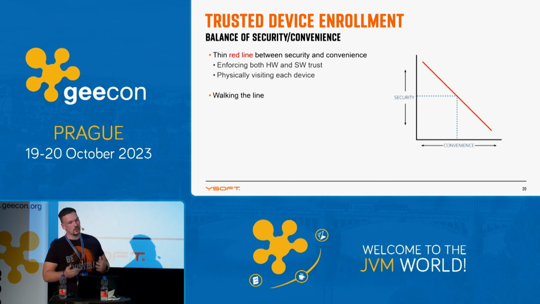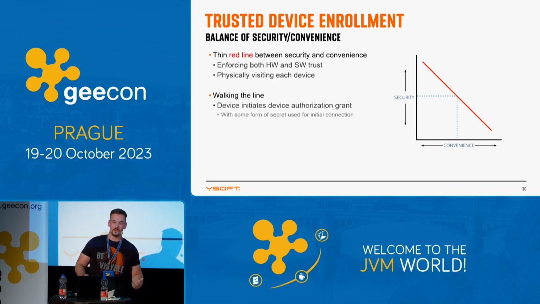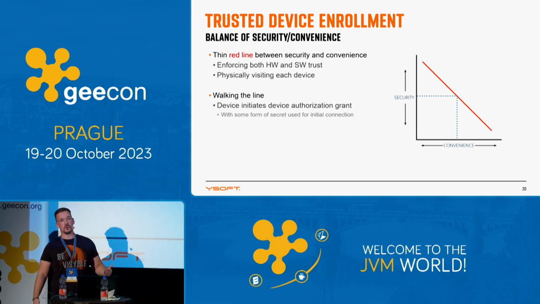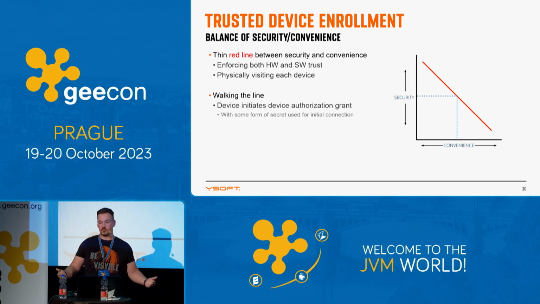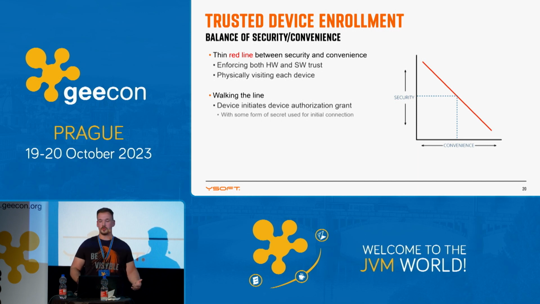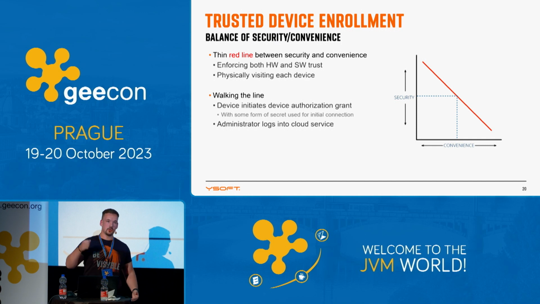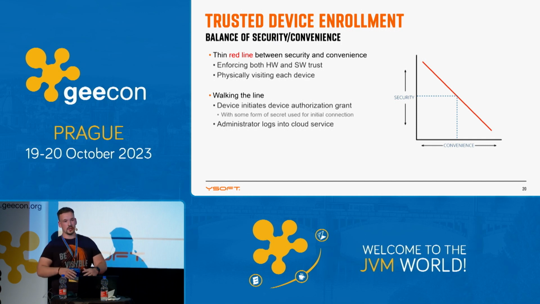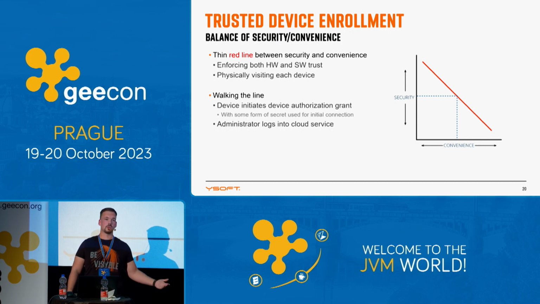So it's kind of about walking the line, and that's where, for example, the device tokens can come in. Basically, the device initiates the code flow, as we've seen, requests the device token, and starts polling the server. Pretty easy. Of course, we would use some form of secret to up the challenge for a potential attacker. And instead of going to each individual device, scanning a QR code, logging in somewhere, the administrator can just log in to cloud services.